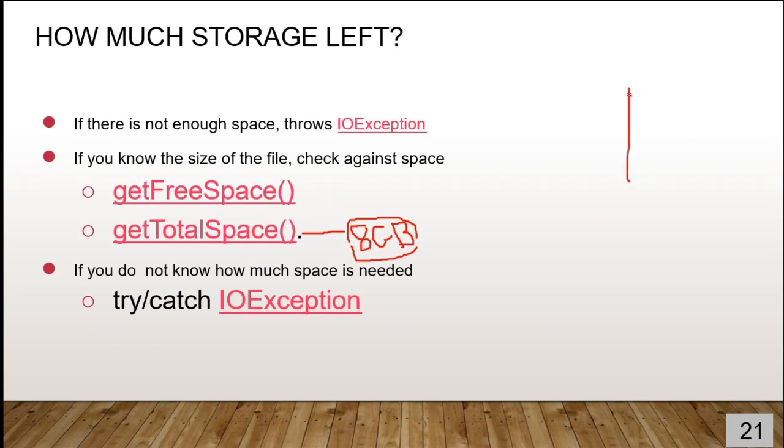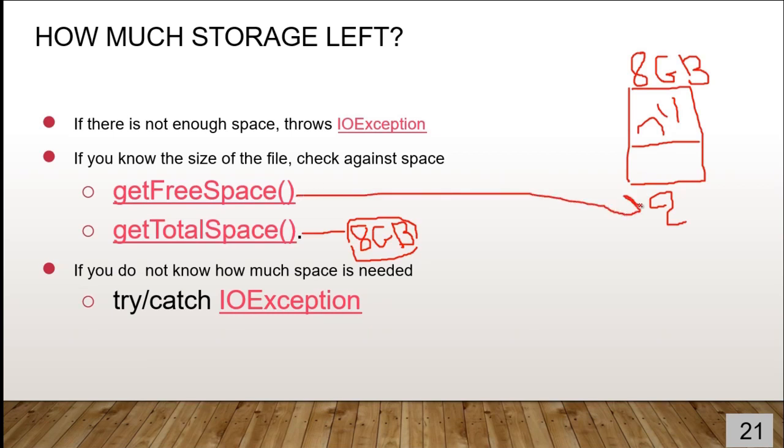For example, say this is your phone, and you want to check how much space it has, so you call getTotalSpace. It returns and tells you that this phone has the capability to store 8 GB of files. After you have stored some files inside, there may remain some storage, say 2 GB. And if you want to see how much free space you have available right now, you can call getFreeSpace, which returns that you only have 2 GB of free space available in your phone to store your file. And if you do not know how much space is needed, you can use try-catch in order to handle the input-output exception.